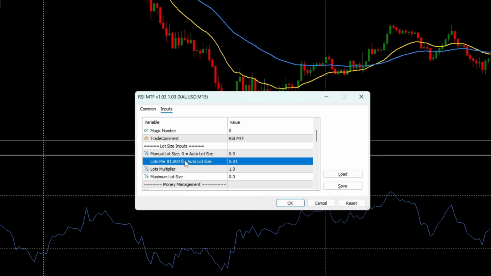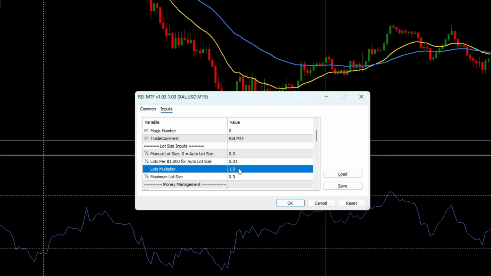So for example, if you had a restriction on your broker, say the maximum size you can place is 5 lots, and on say a $100,000 account this calculated to be more than 5 lots, then your broker won't allow you to open a trade.